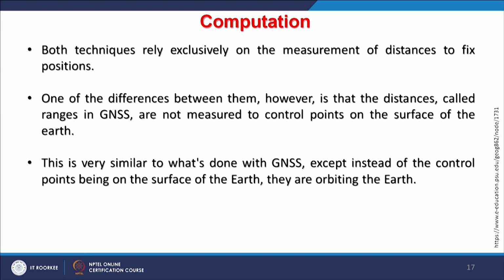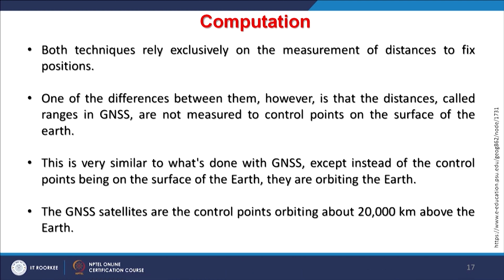This is very similar to what is done with GNSS, except that instead of the control points being on the surface of the earth, they are orbiting satellites. That is why I said that instead of 2D, one has to imagine things in 3D. These control points or locations are satellites which are themselves moving, orbiting at roughly 20,200 kilometers.